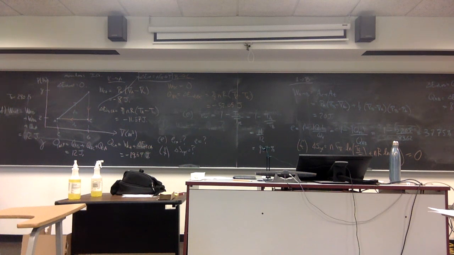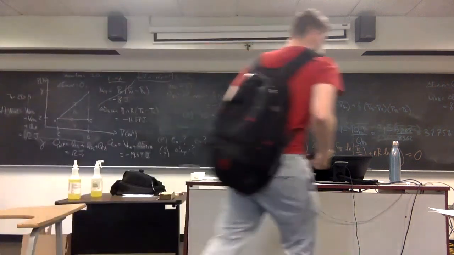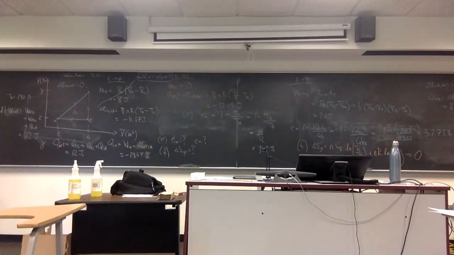Well, you know TA, right? TC. Yes. Okay, so you should have TC equal to TA times VA over VC raised to the gamma minus 1.